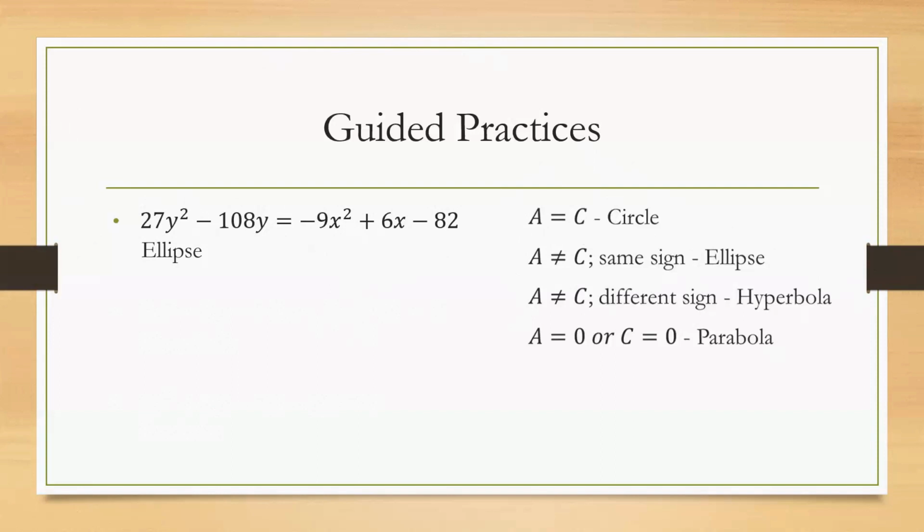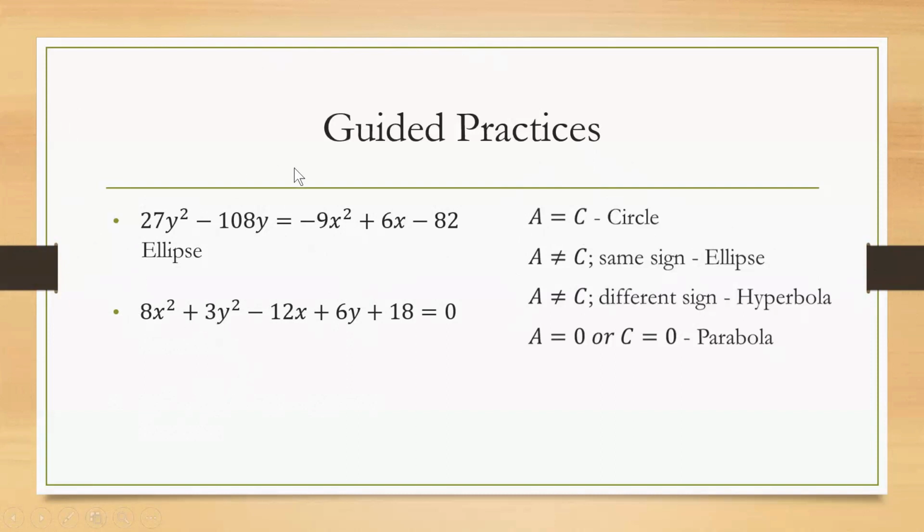Okay, so next, 8x squared plus 3y squared minus 12x plus 6y plus 18 is equal to 0. So we look at the a and c coefficients, which are 8 and 3. 8 and 3.